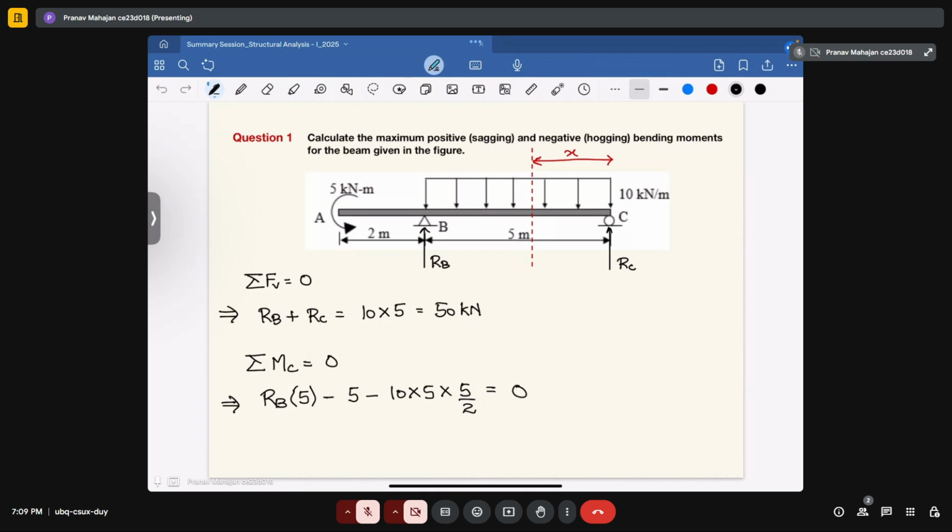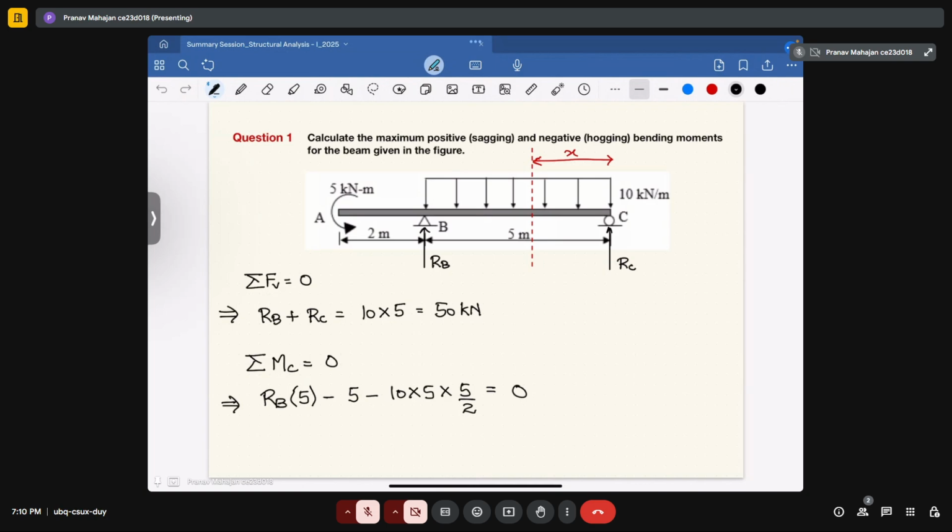When we apply summation of vertical forces equal to zero, we get the sum of reactions, that is RB plus RC, equal to 50 kilonewton. Now both are unknowns. We require one more equation to solve these two unknowns.